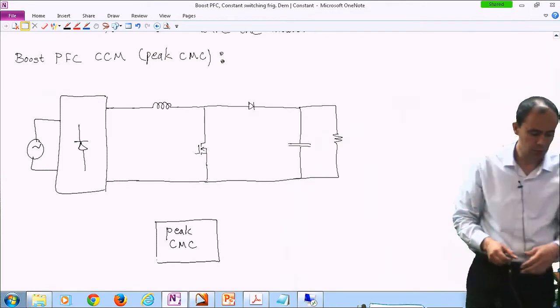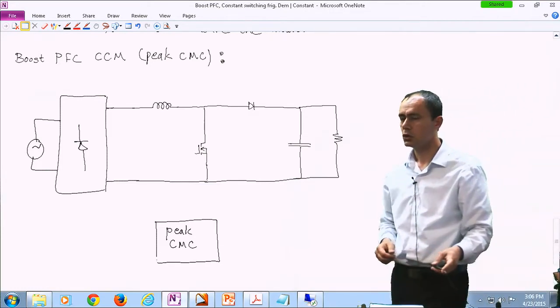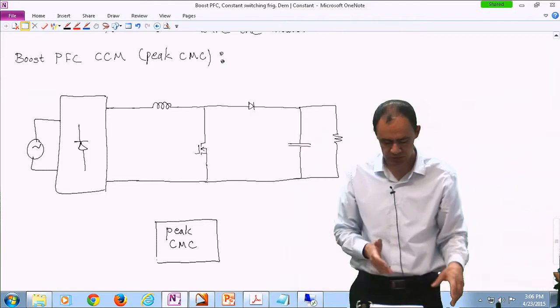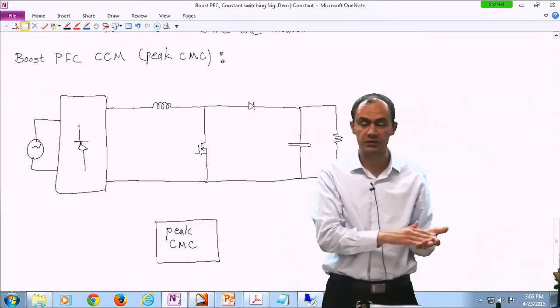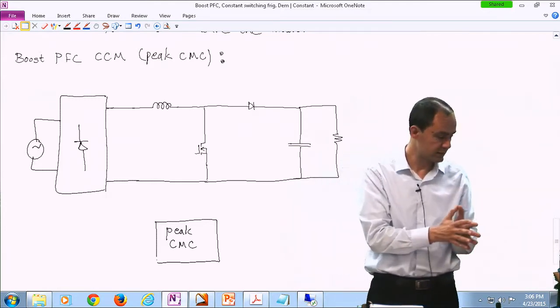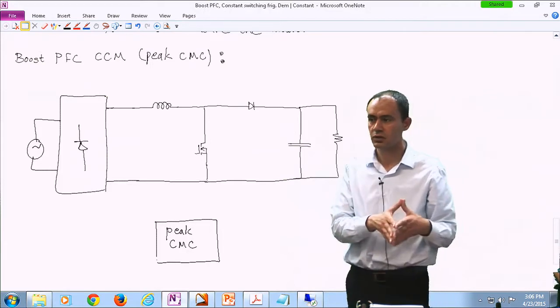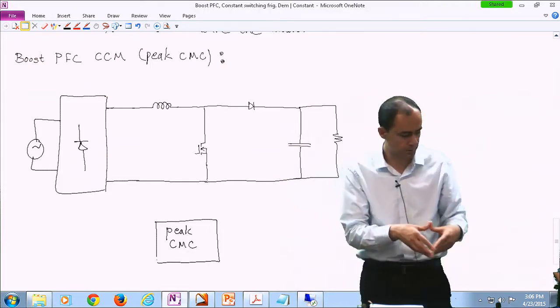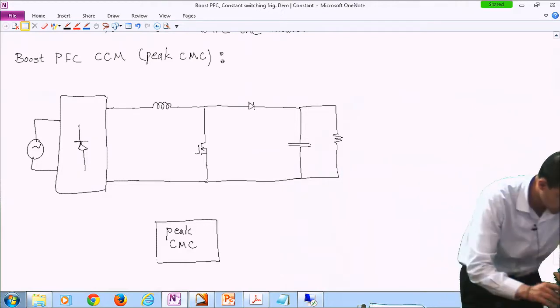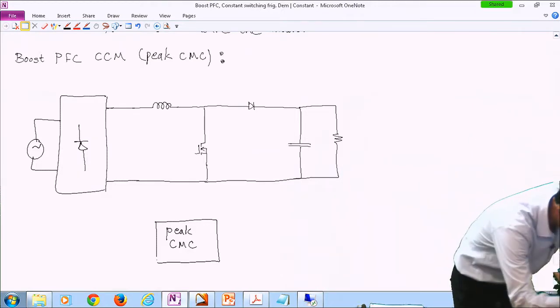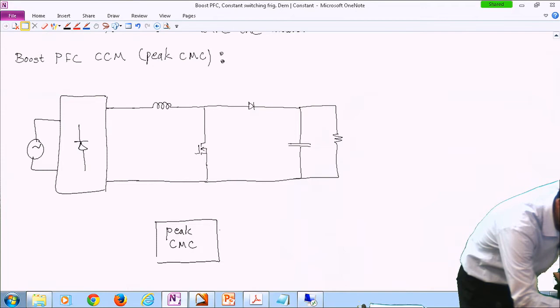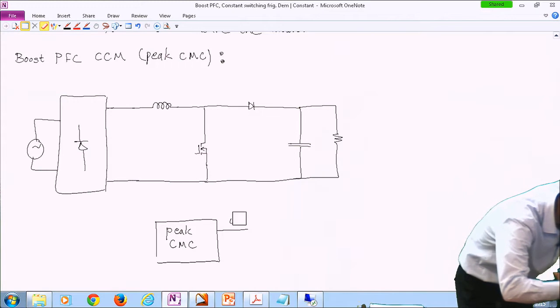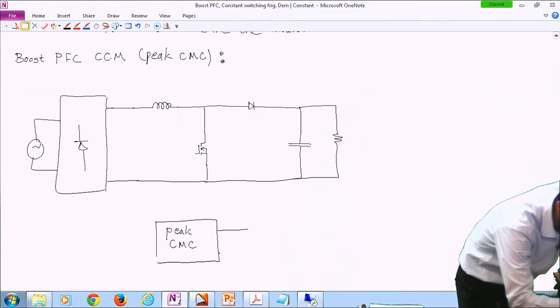Okay, remember, for the peak current mode control, you had a reference for your signal. And that reference, when we were working on DC-DC converters, was coming from our voltage compensation network. So let me call the bottom one IREF.